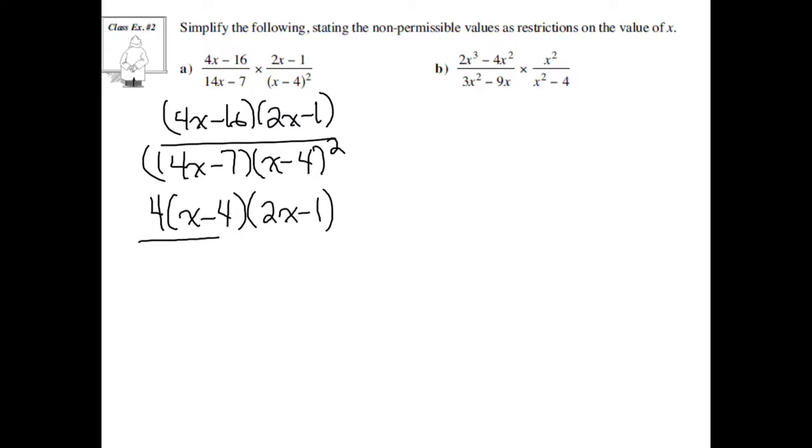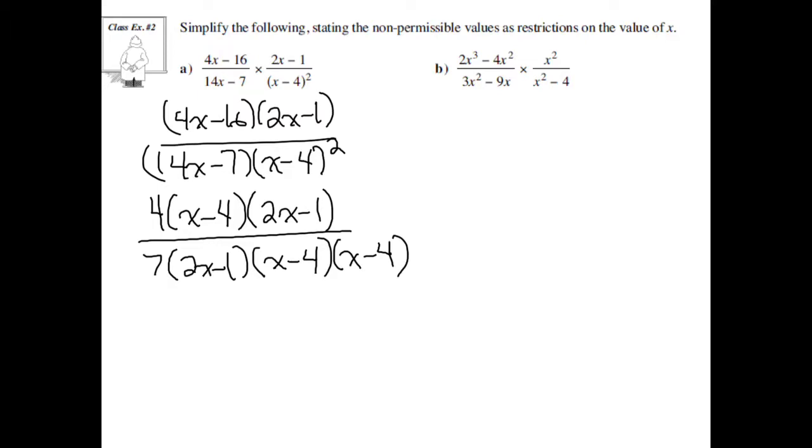So now I have my numerator fully factored out. My denominator, that 14x minus 7, both terms have a common factor of 7, so I'm going to factor 7 out, which has me having 7 times 2x minus 1. And x minus 4 squared in fully factored form is x minus 4 in brackets times x minus 4.